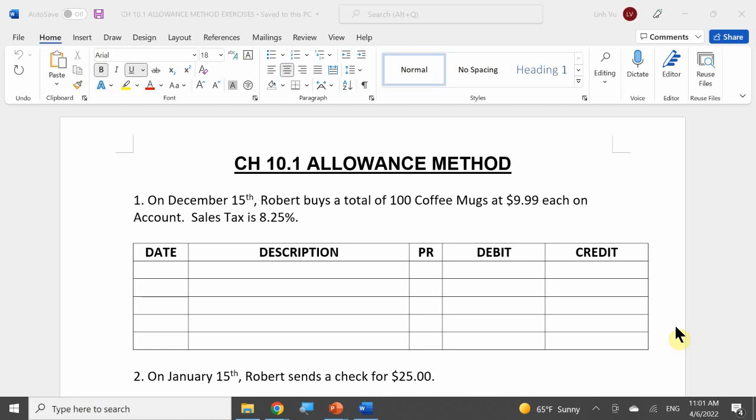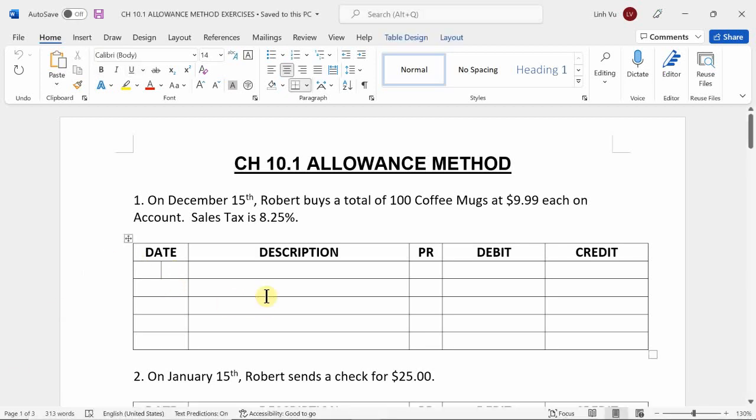December 15, Robert buys a total of 100 coffee mugs for $9.99 each, on account, and sales tax is 8.25%. So how do I journalize that I sold a total of 100 coffee mugs for $9.99 each on account?